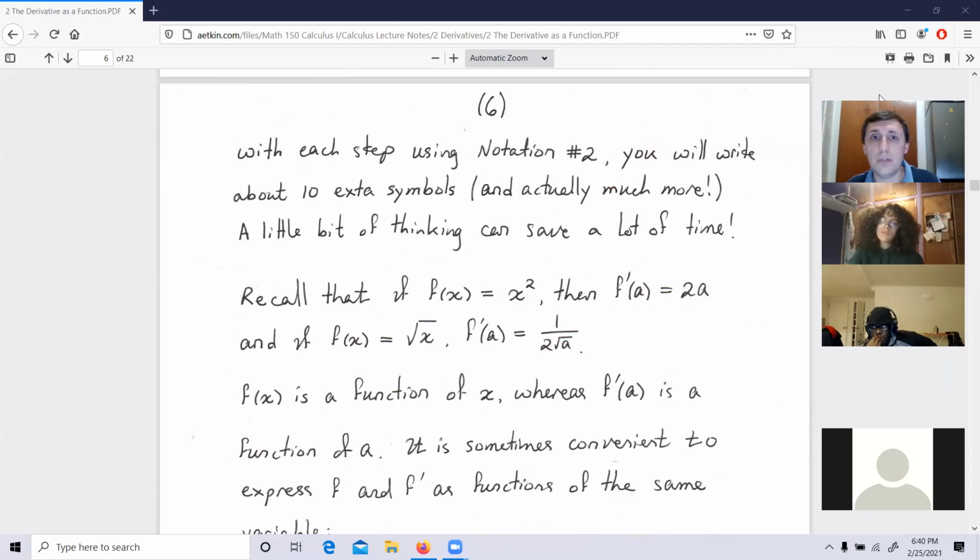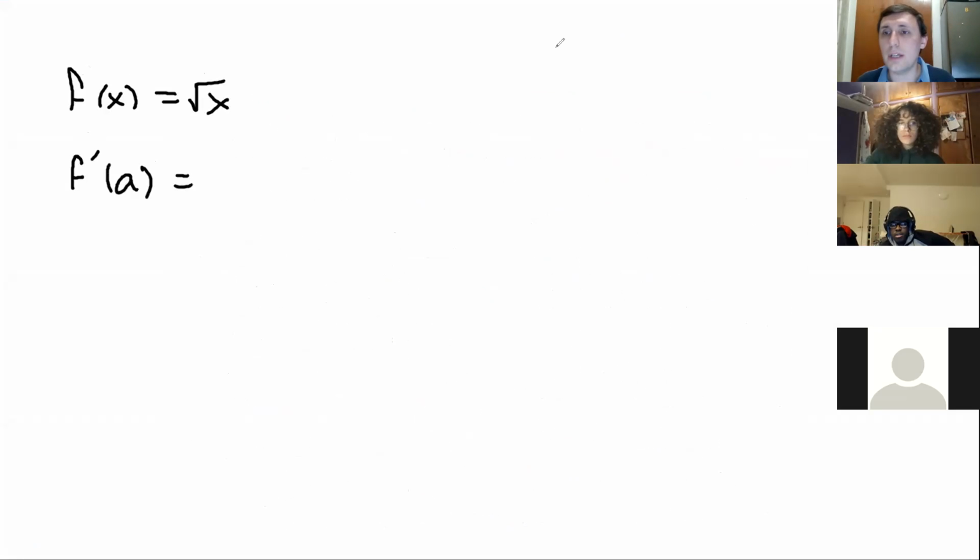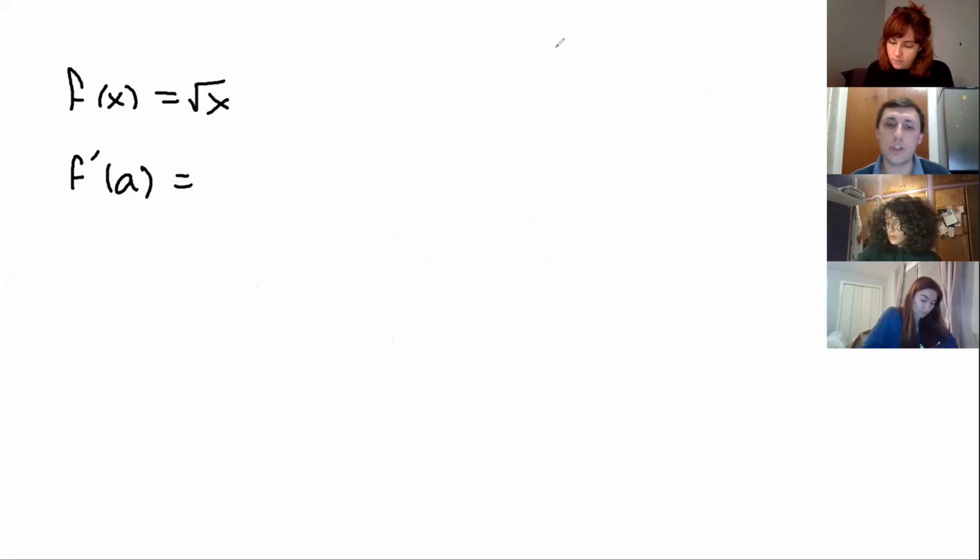Would you please tell me, if I ask you to take the derivative, so let's say the function f of x equals root of x, would you please tell me what's f prime of a? And before you begin, which notation do you prefer? Notation 1 or notation 2 for this question? Before you begin, could you tell me which do you prefer?